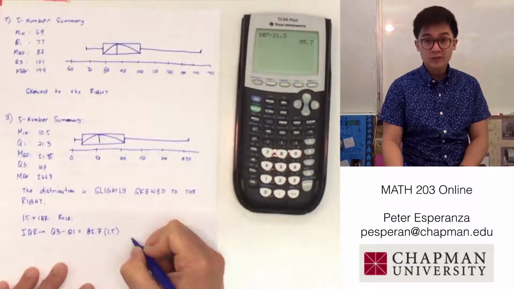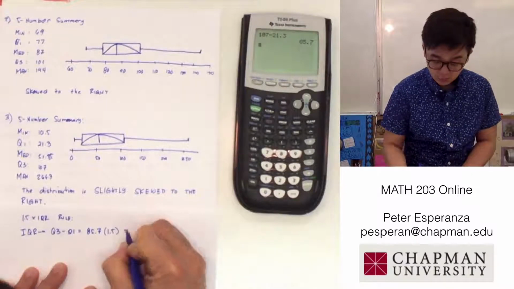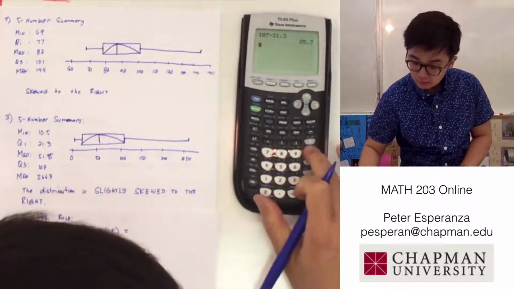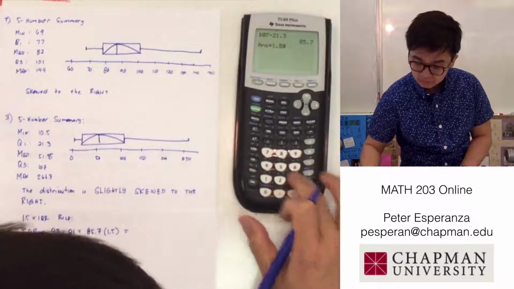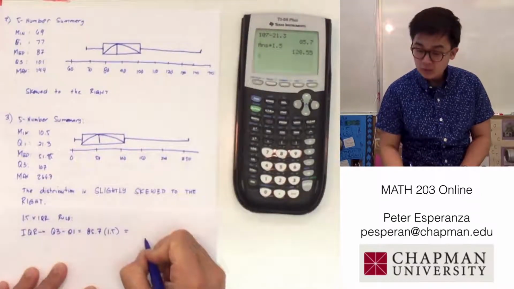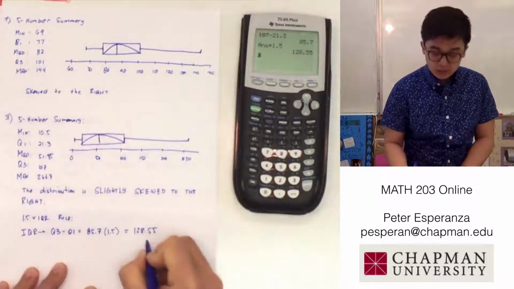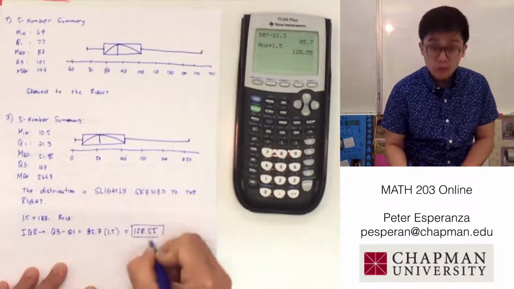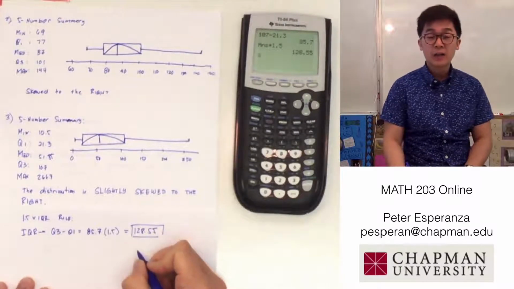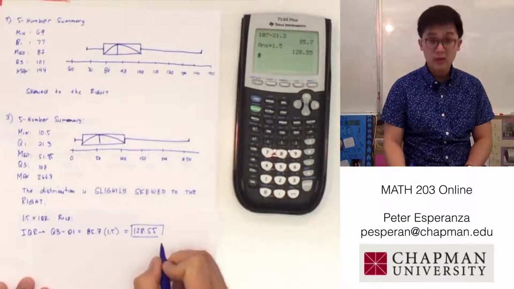This is our IQR, and using the 1.5 IQR rule, we're going to then multiply this by 1.5 to verify the outliers to the left of the curve and to the right of the curve. So 85.7 multiplied by 1.5 is giving us 128.55. So this will be the value that we're going to be using to find the outliers to the left and to the right of the curve.